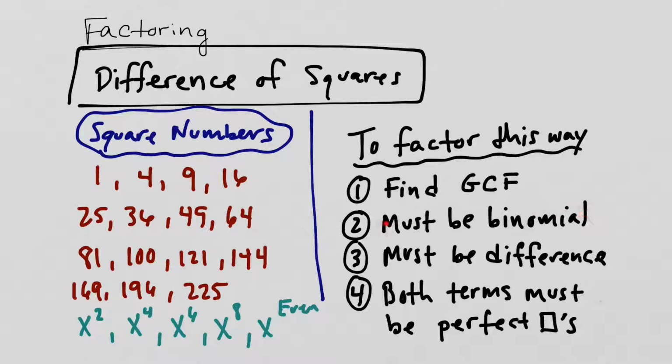Another thing, after you do that, number one requirement here for the difference of squares, you have to have a binomial. That means two terms. Third thing, it must be a difference. Remember, a difference is subtraction. Okay, so you're subtracting the two values in the binomial. And both terms then must be perfect squares.